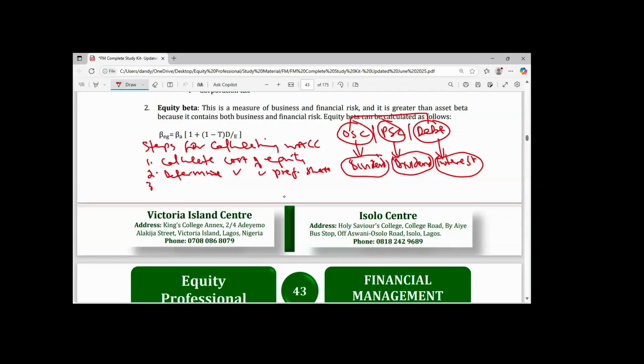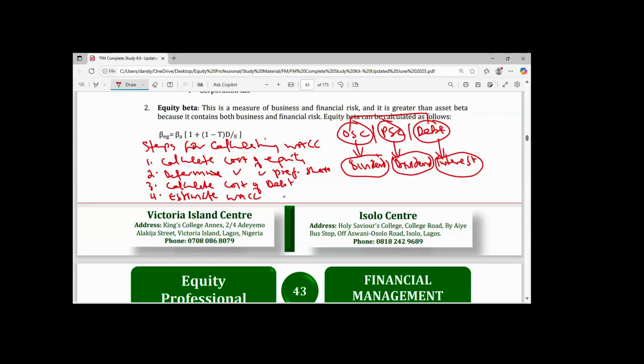Then step 3, you also calculate cost of debt. Then lastly, step 4, you estimate WACC, the weighted average cost of capital. So these are the 4 procedures you are expected to carry out each time you want to calculate WACC.